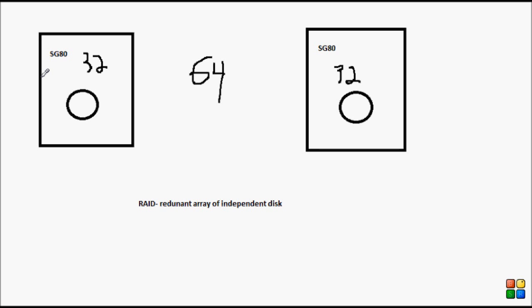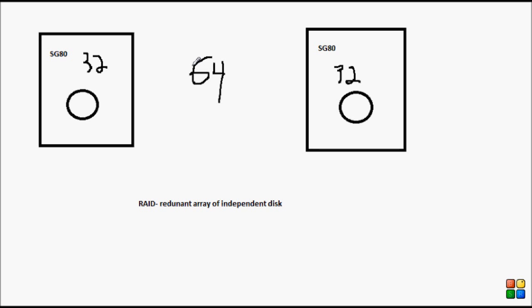So let's just say that 64K was a 1 gigabyte file. 512 megabytes would be going to this drive, 512 megabytes to this drive, and just imagine how fast that would happen. It would be amazing. Copying a 1 gigabyte video would be done in less than a minute probably, because depending on what kind of drive you have, most likely SATA 2 or SATA 3, it's going to be blazing fast. So that's basically how RAID 0 works.